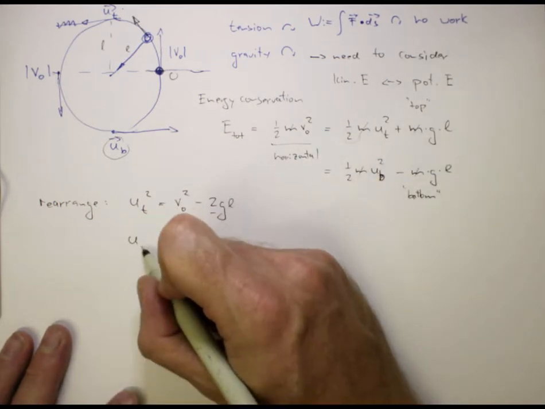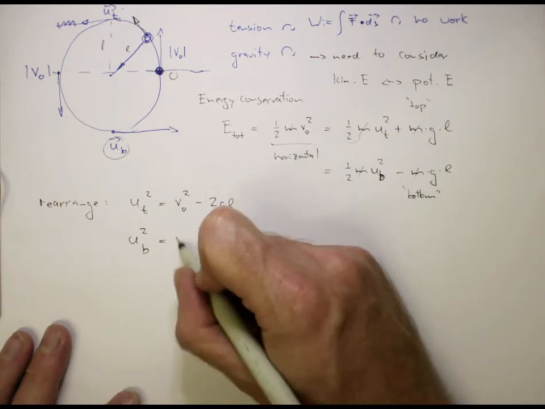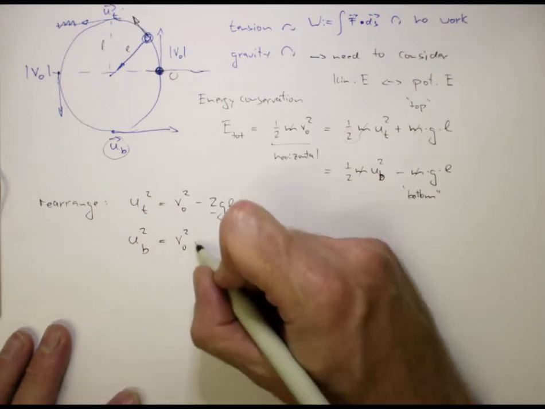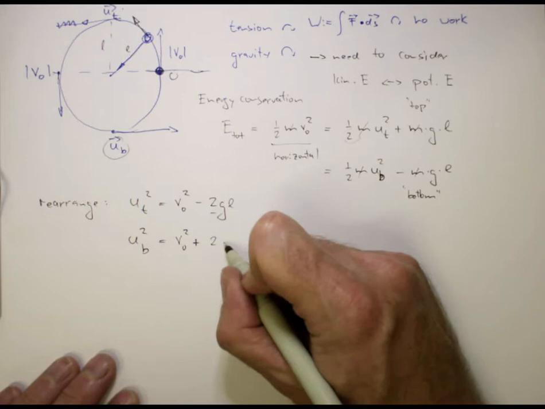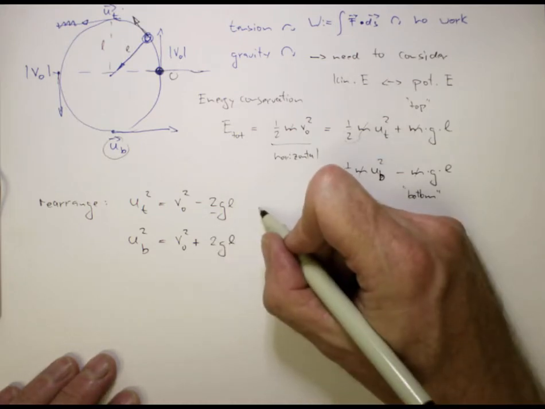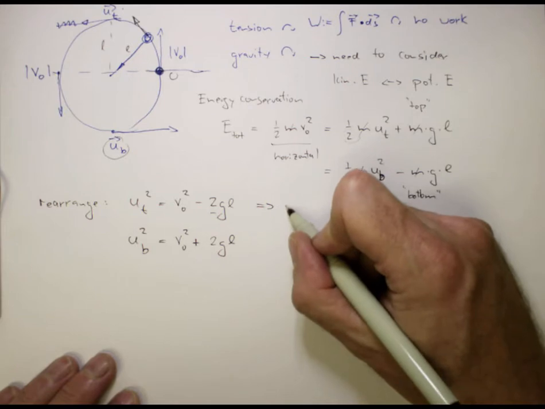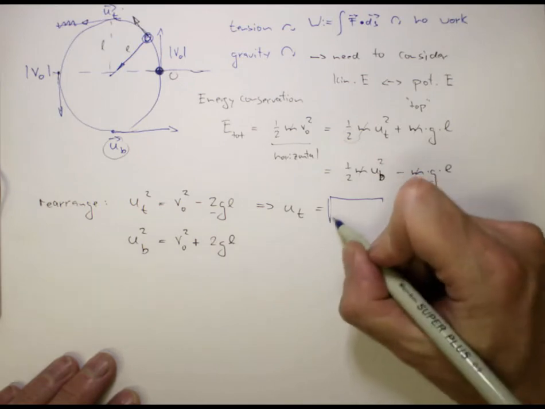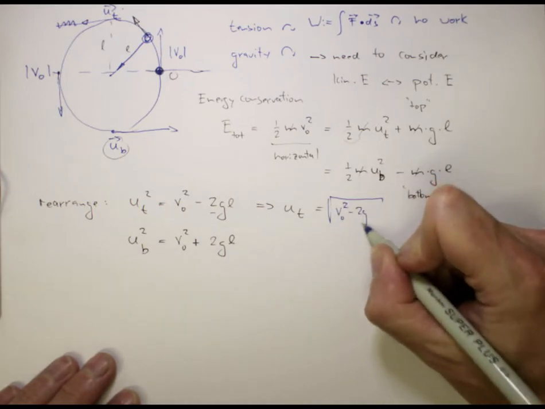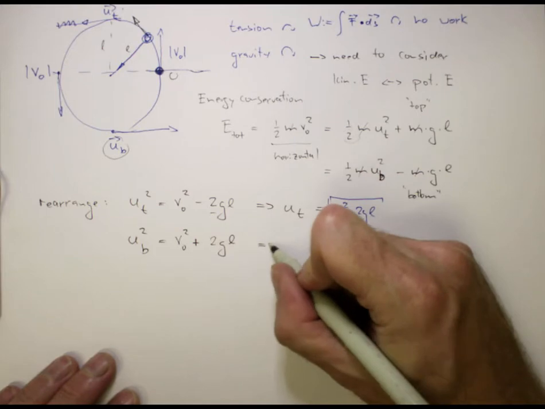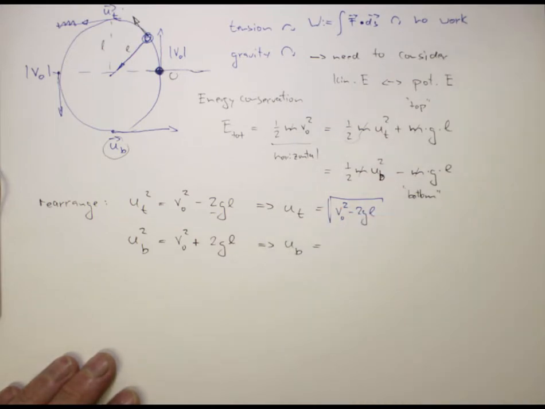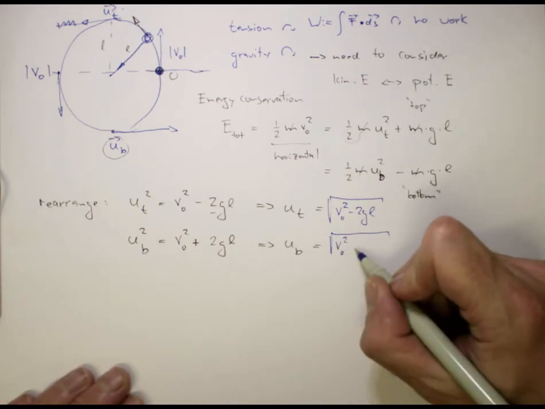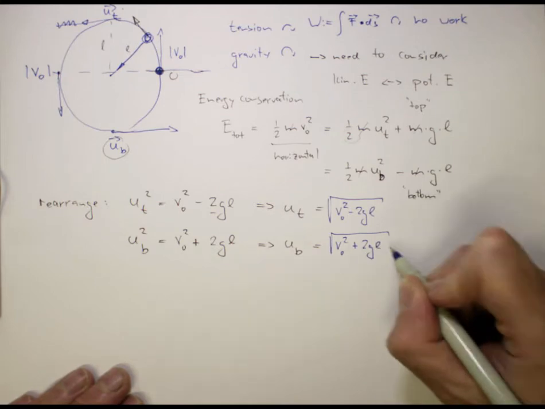We have a similar equation for the bottom speed, where v_b squared is equal to v0 squared plus 2gL. We rearrange once more and we obtain for the top speed the square root of v0 squared minus 2gL, and for the bottom speed the square root of v0 squared plus 2gL.